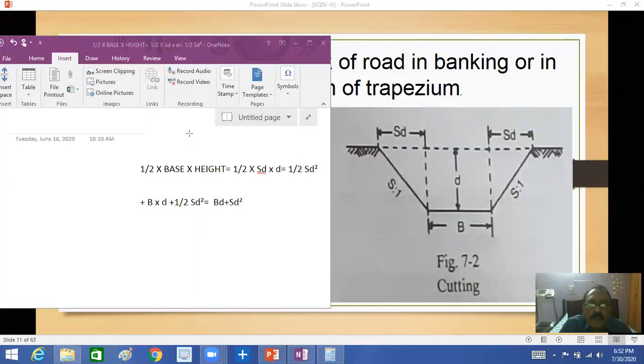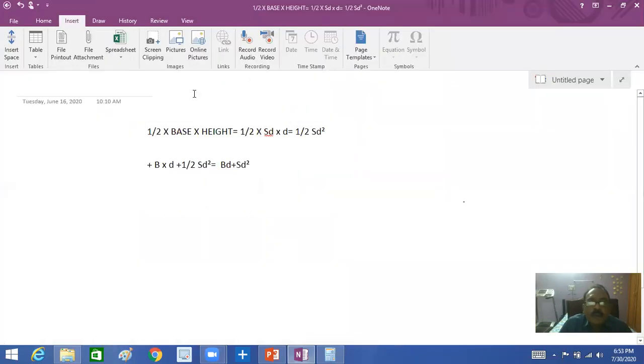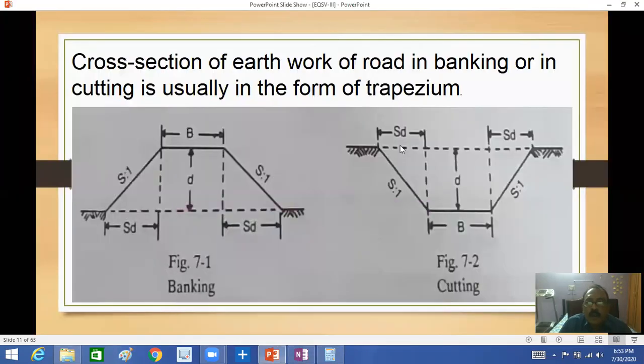This is a very important concept, that's why I've taken this much time. For road work and canal, the concept is very important. First, you have to find the area of the section and multiply by your length, and you will get the volume, the quantity of road or canal, either in banking or cutting, for earthwork.